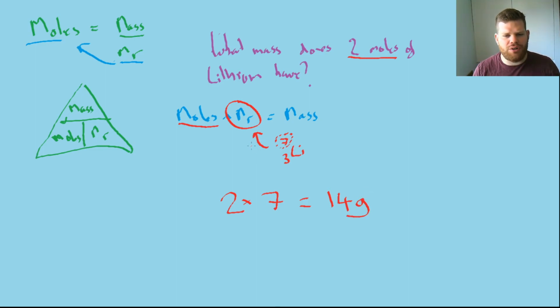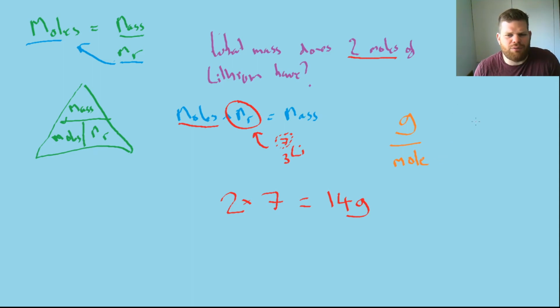Now the last unit I'm just going to talk about is the unit of mR. The unit of mR is simply grams per mole. So that's how the units look.